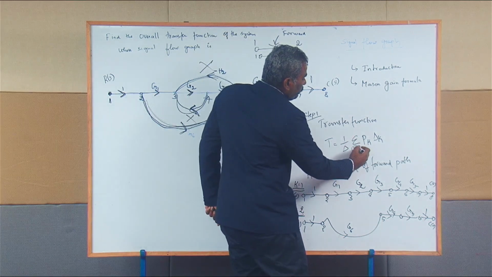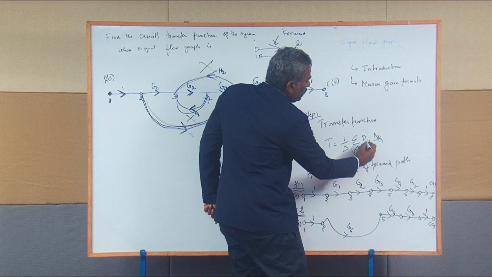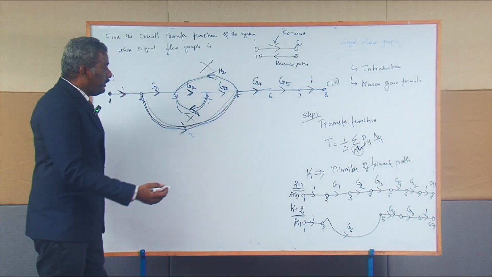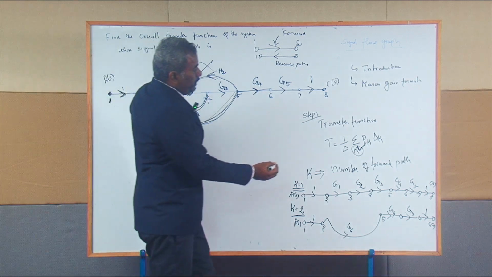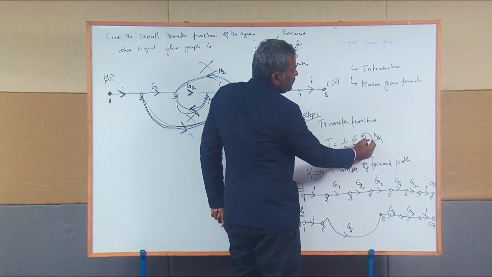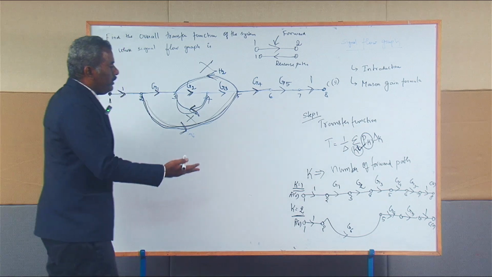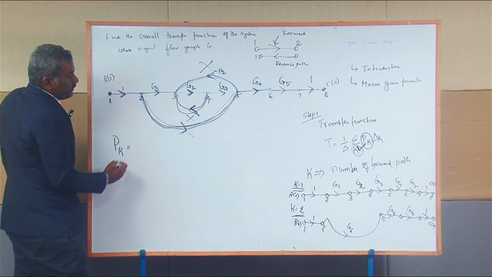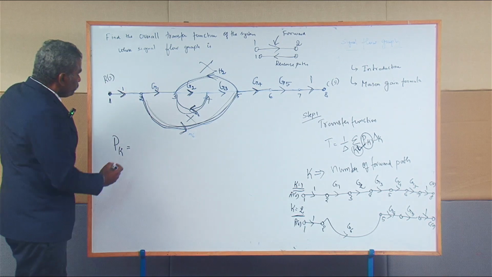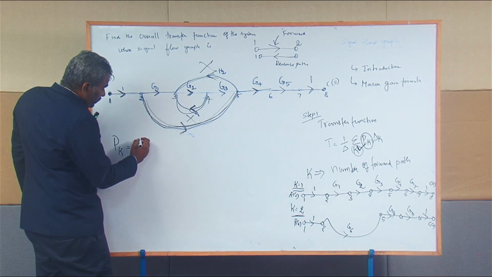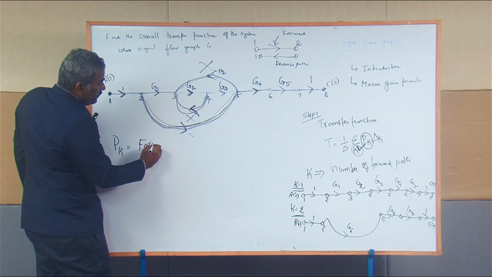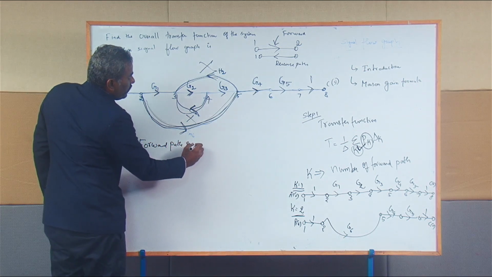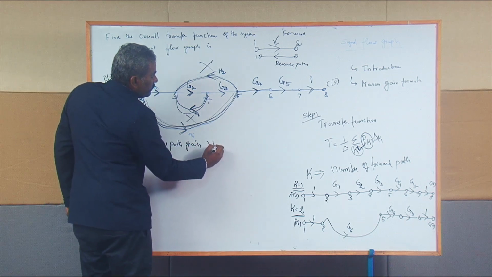So the first value which we find is nothing but the k value. So k, you may tick it, and the next parameter you may round off, that is p suffix k. The p suffix k value is nothing but the forward path gain value.